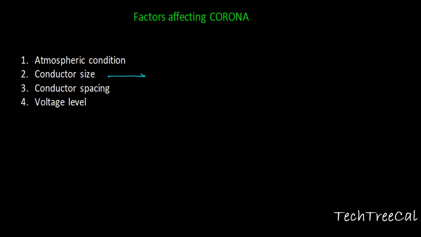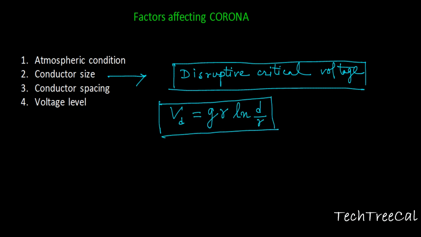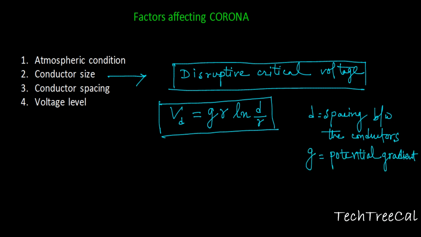Next is conductor size. To understand this phenomenon, we need to understand a special term called disruptive critical voltage. The simple expression of this disruptive critical voltage, VD, is G R ln(D/R), where D is the spacing between the conductors, G is the potential gradient, and R is the radius of the conductor.